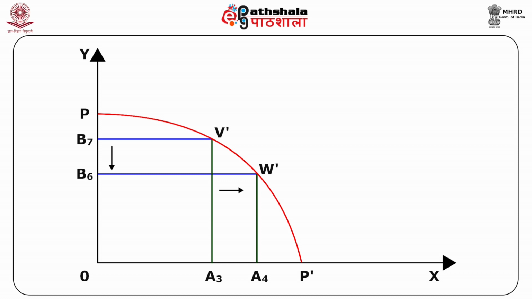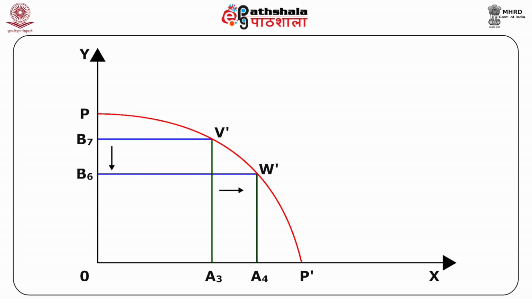And if we go from the point W prime towards the x-axis, which is P prime, then the curve becomes steeper and steeper because of the presence of increasing cost.